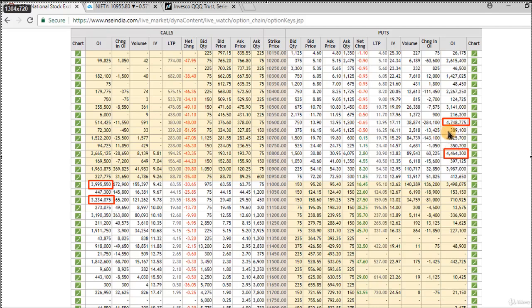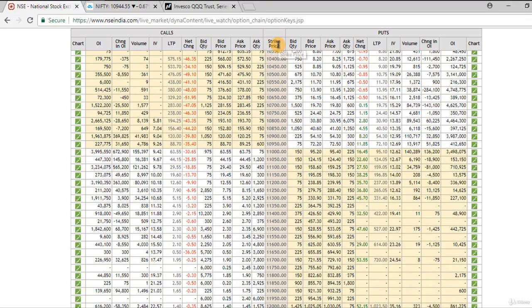We can also see that the 10,600 put option's open interest decreased today, but the 10,800 put option's open interest increased today. And we can also see that the open interest for these two call options has increased today. So if Nifty reaches the 10,800 level, we should buy the call options for Nifty.